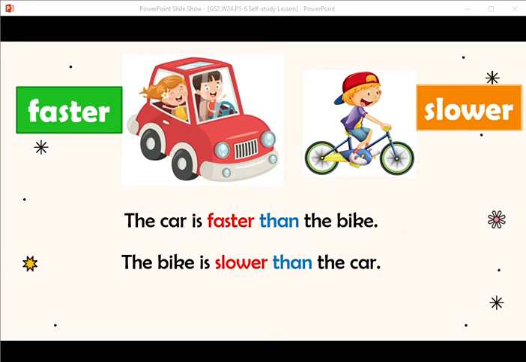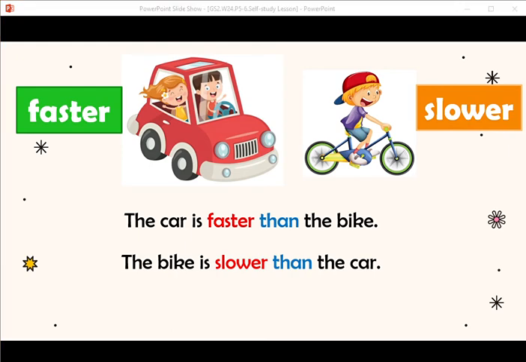So, in a comparative sentence, remember to add er at the end of the short adjectives to make the comparative form of them. For example, the word fast, I add er to make it faster. Or the word slow, I add er and then we have the word slower.